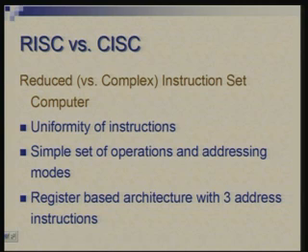And the argument in favor of RISC was that this approach can lead to better performance. So, the main features, as we have seen in MIPS, are a uniformity of instructions in terms of sizes and a limited number of formats, a simple set of operations and addressing modes, and a register based architecture with 3 address instructions. What are the implications of these choices on hardware implementation and performance?